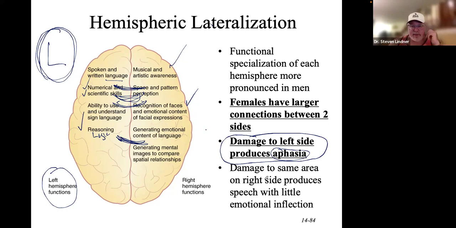Damage to the same area on the right side produces speech with little emotional inflection, more of a robotic type of speech. Okay. When we come into the world, we are right brain dominant. And then over time, the left brain kicks in and we try and balance them out.